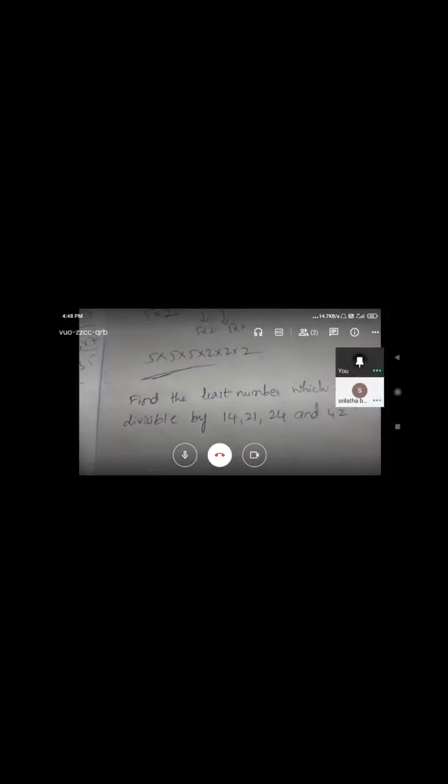Which is exactly divisible by the numbers means we have to find the LCM for that. Okay? This is the question I have given to you. Find out the LCM by division method for this, or else prime factorization. Anyone, which one is easy for you? Division method or prime factorization method?